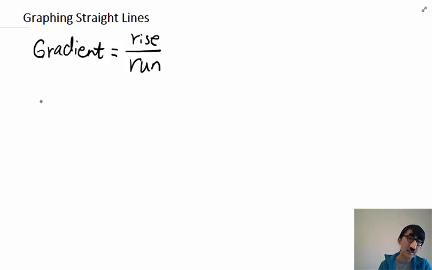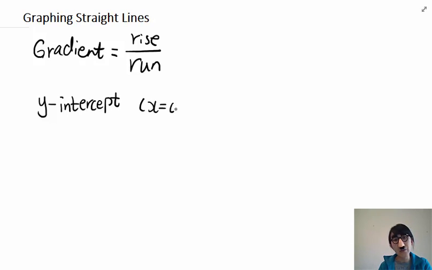Then another key concept, which is y-intercept. Y-intercept means x equals 0. So if we draw a Cartesian plane, it looks like this.